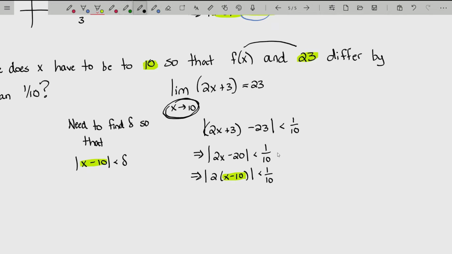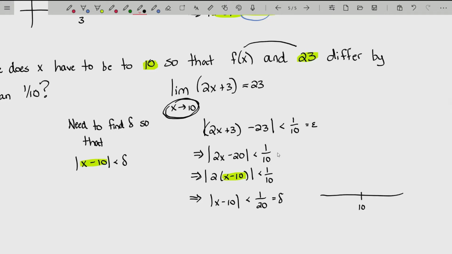So because the absolute value of 2 is 2, I'll go ahead and divide both sides by 2. I have the absolute value of x minus 10 must therefore be less than 1/20th. And so that tells me that if they give me this epsilon neighborhood of 1/10, I'll choose my delta neighborhood that's centered at 10 to be 1/20th in size.